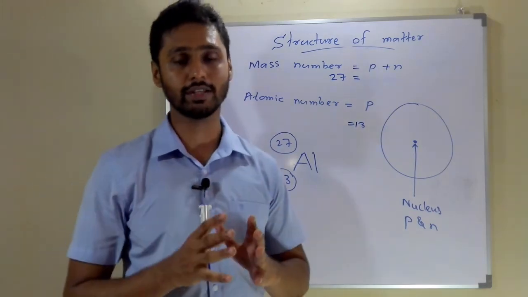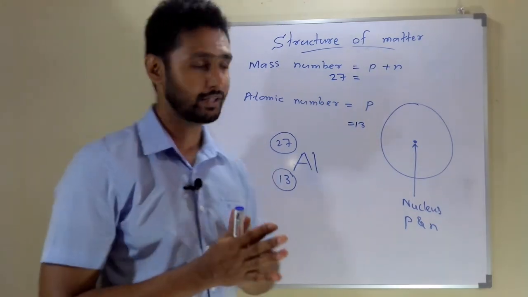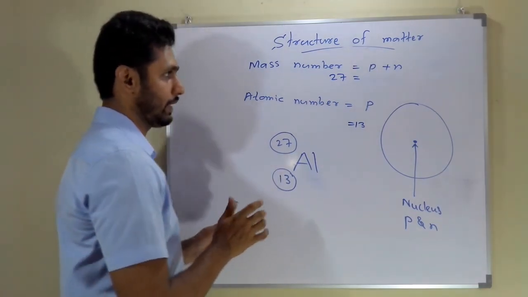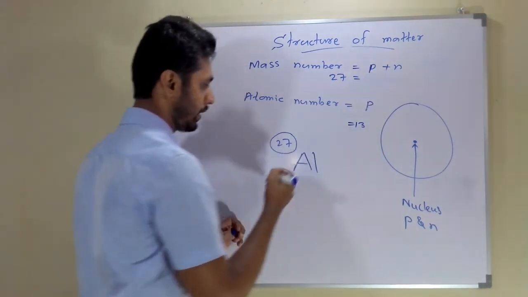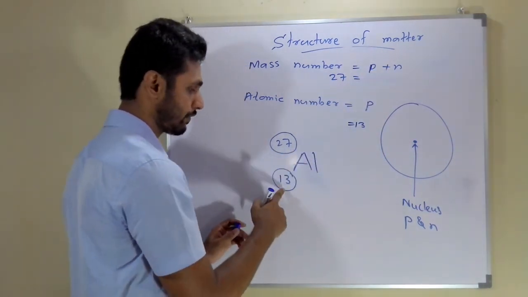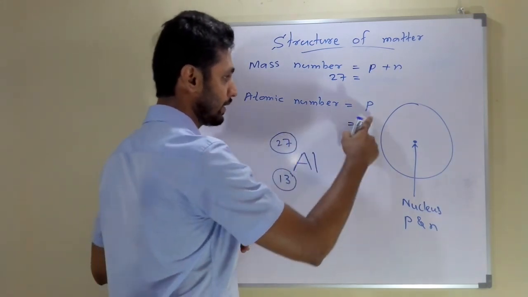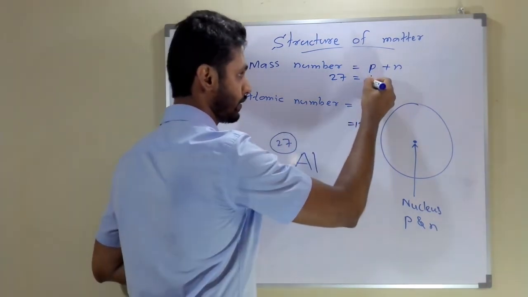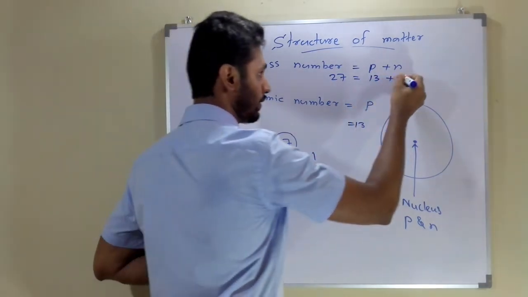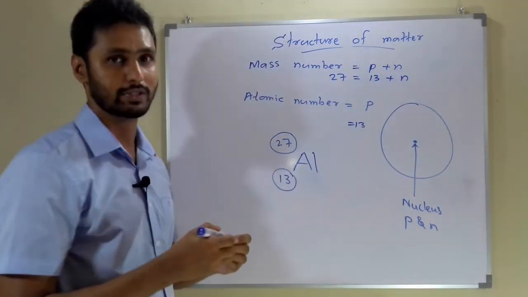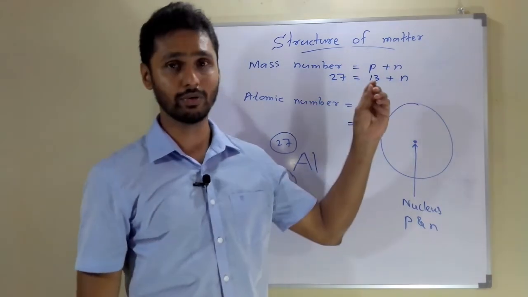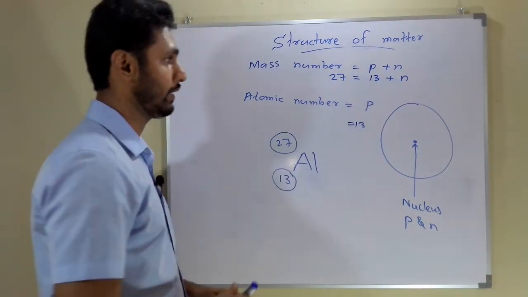Let's see how to calculate the number of neutrons in this aluminium atom. You are not provided the number of neutrons in the aluminium atom. You can calculate like this. You found the number of protons by using atomic number. Then there are 13 protons here, then you don't know about the neutrons. You can simplify this formula now and gain the number of neutrons.